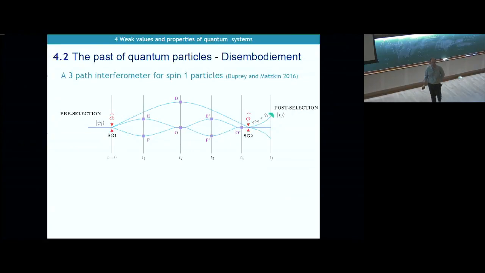This is what Schwinger called the Humpty Dumpty effect. And you make weak measurements at different times, indicated here. And at the end, you make a strong measurement, and you post-select. So here you post-select along this state.